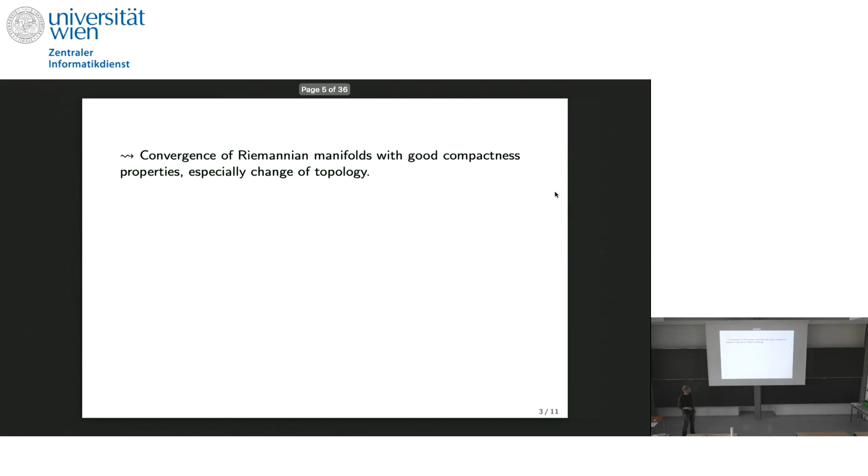Okay, and what is the good thing about this Gromov-Hausdorff convergence with respect to Riemannian geometry? Because you're giving up regularity, you would think, why would I care about these things? Well, it enables you to look at convergence of Riemannian manifolds even if there's a change of topology, for example. There are these classical examples of metrics on the three-sphere.